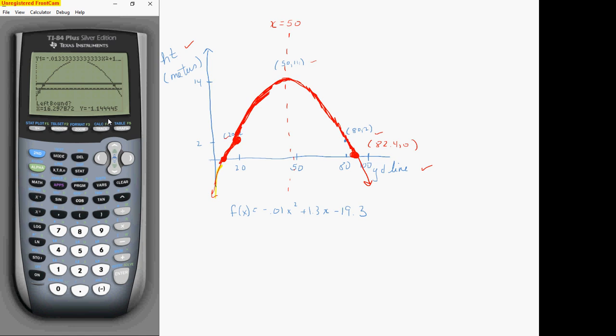I need a negative y value and then a positive y value and then again.